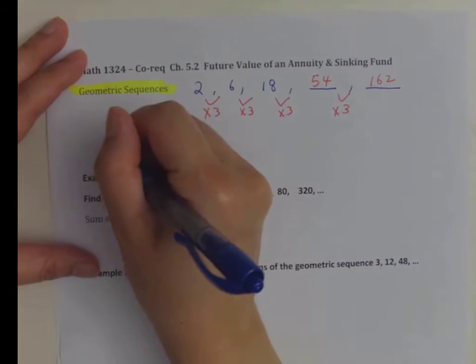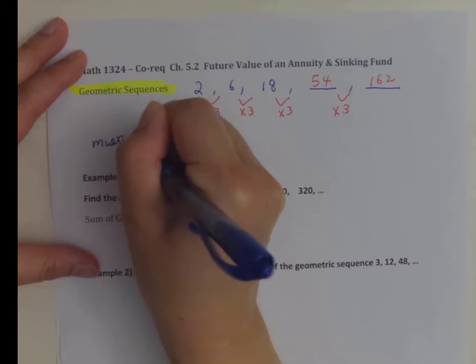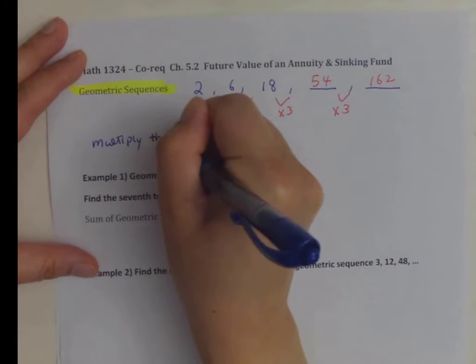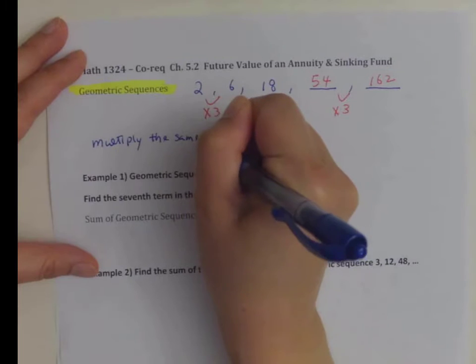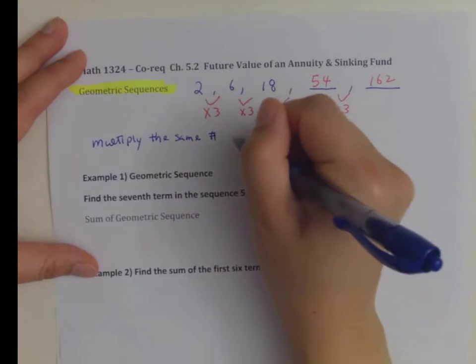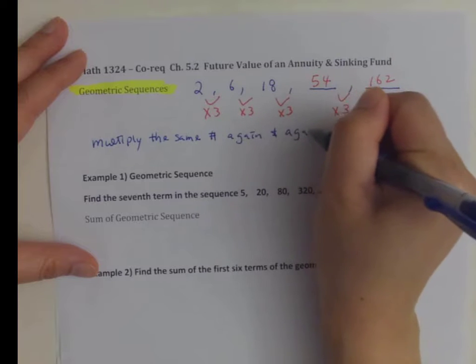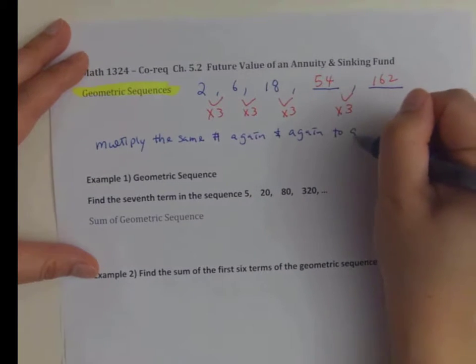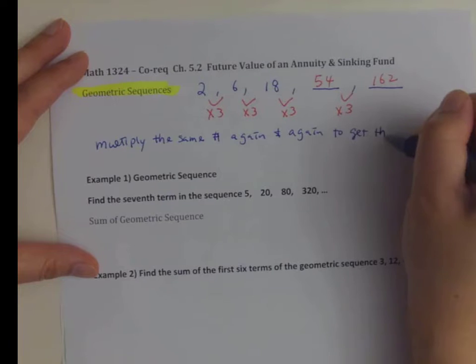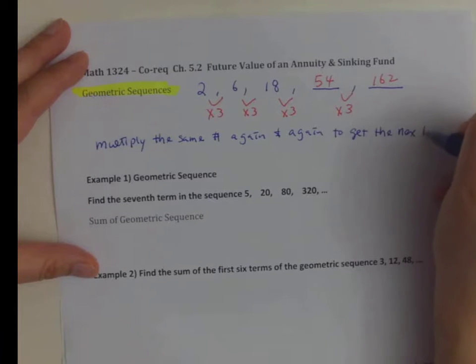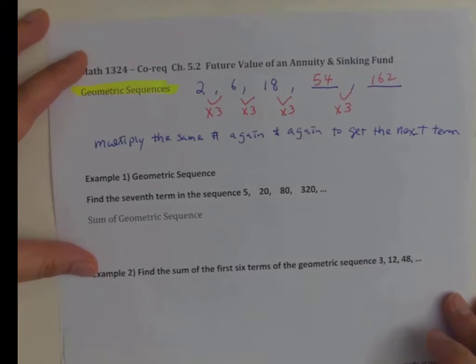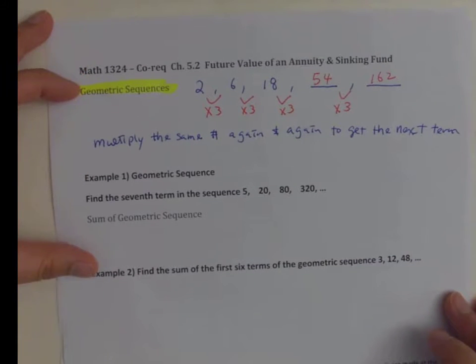So we multiply the same number again and again to get the next term. So this kind of sequence is considered a geometric sequence.